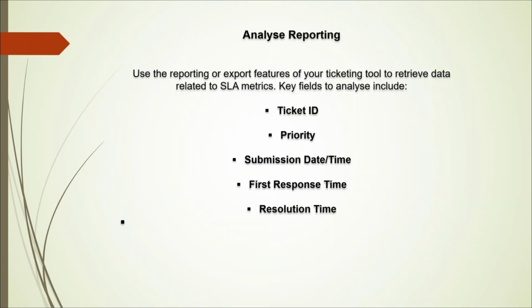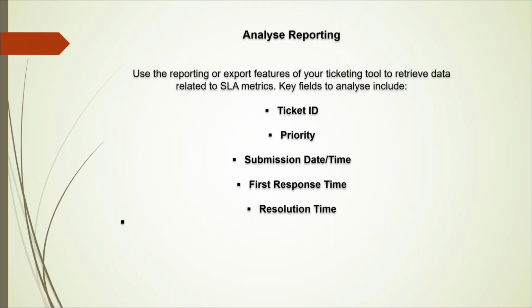Use the reporting or exporting feature of your ticketing tool to retrieve data related to SLA metrics. Key fields to analyze include ticket ID, priority, submission date and time, first response time, and resolution time. These are the key fields to analyze in reporting in the Faveo tool.